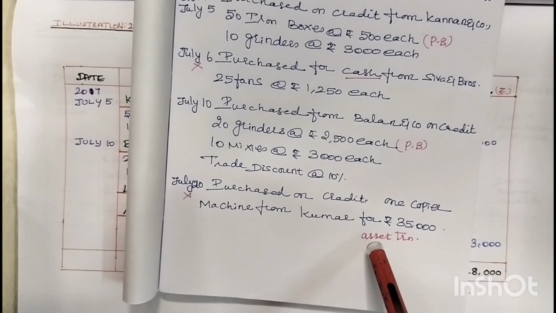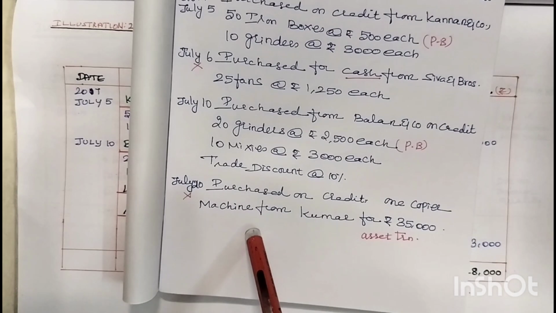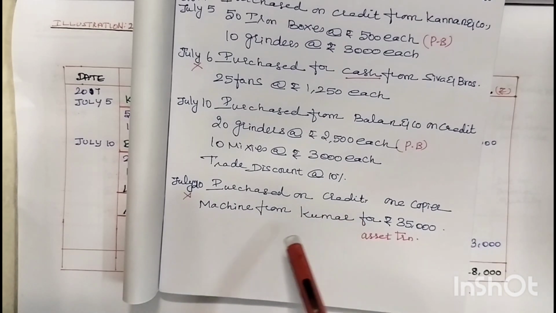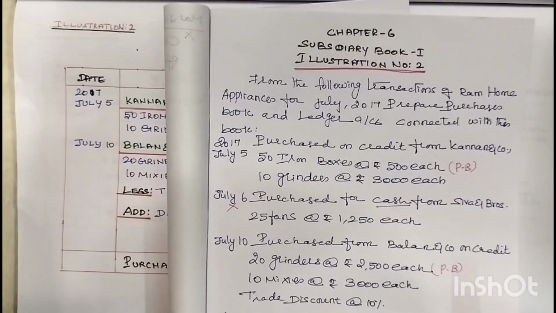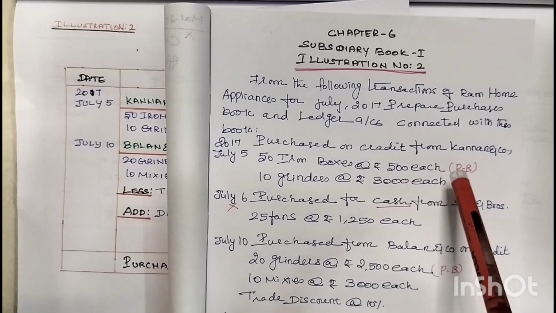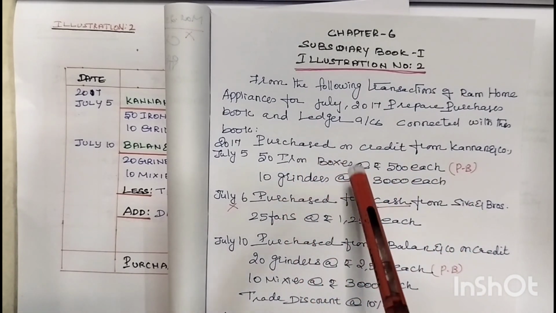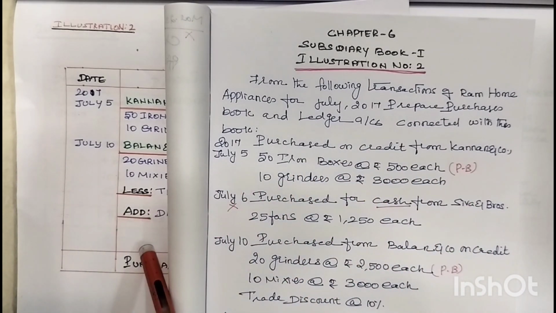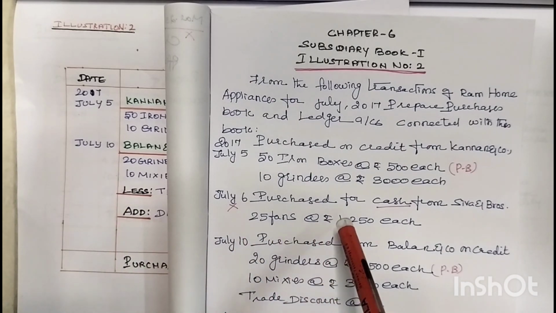This is an asset transaction, so we will not record it into the purchases book. From the given transactions, the credit purchases transactions are entered into the purchases book. Now we are going to post the respective accounts into the ledger account.